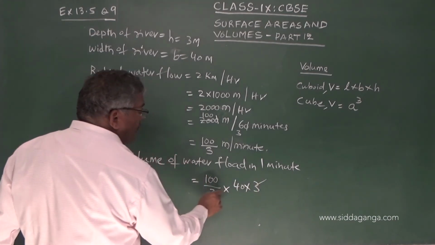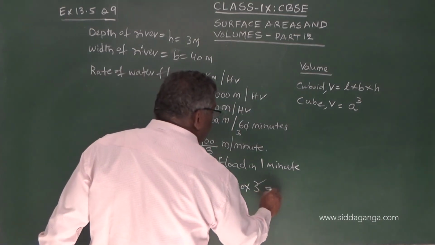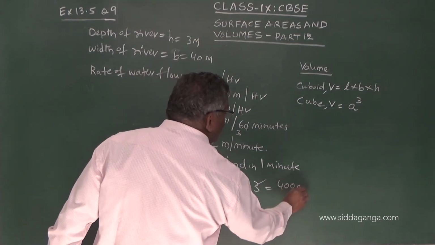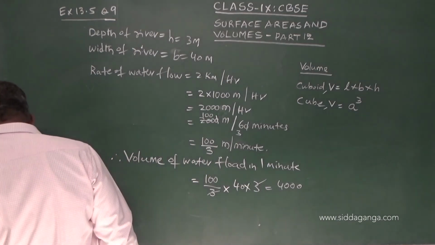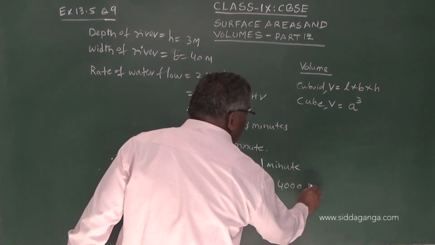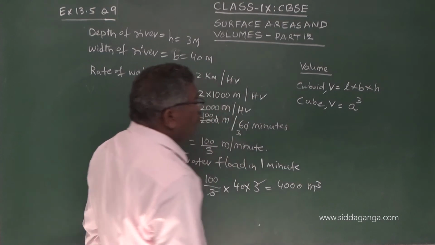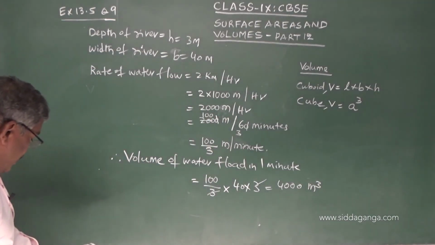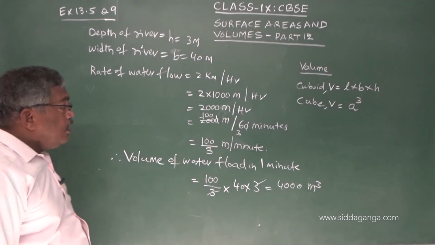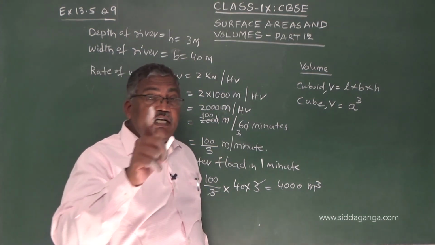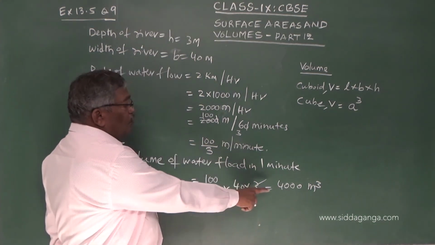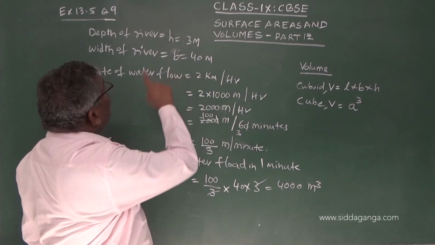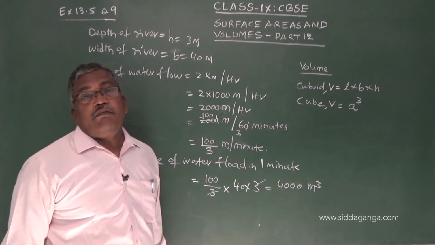Here 3 and 3 get cancelled, you will get 4000 meter cube. So in 1 minute, 4000 meter cube of water will flow into the sea.